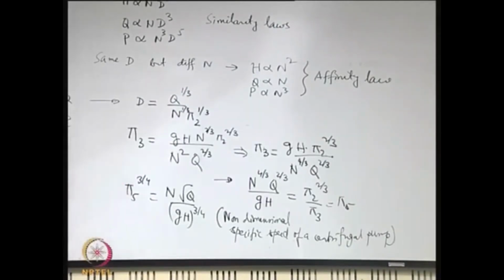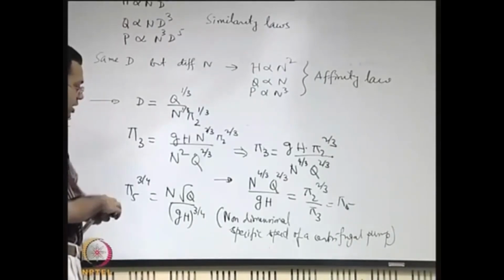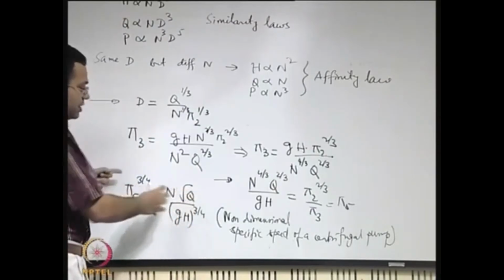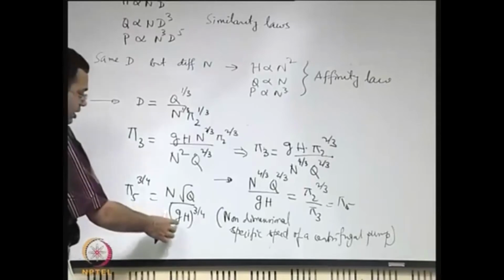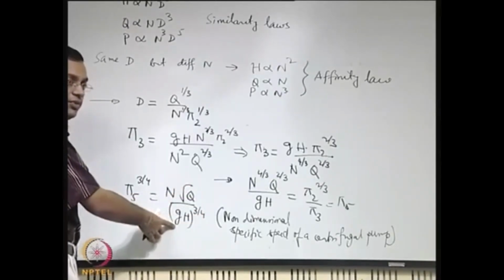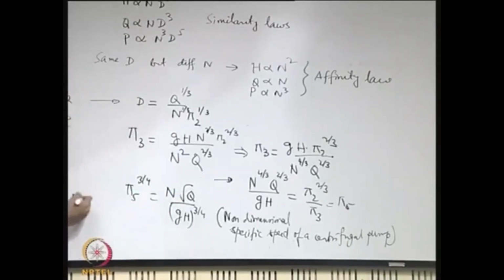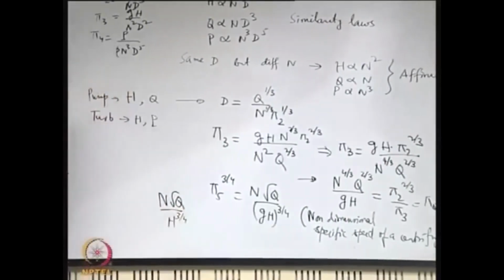Now you can see what it tries to represent. Let us say that you are writing this expression in a dimensional form. This is a dimensionless parameter, but you have to keep in mind that g is something which does not vary. So an equivalent of this parameter in a dimensional form could be written as N root Q by H to the power 3 by 4.